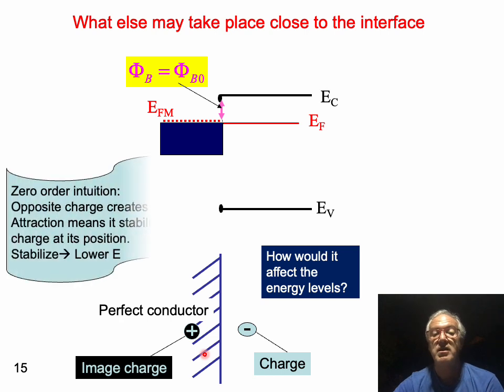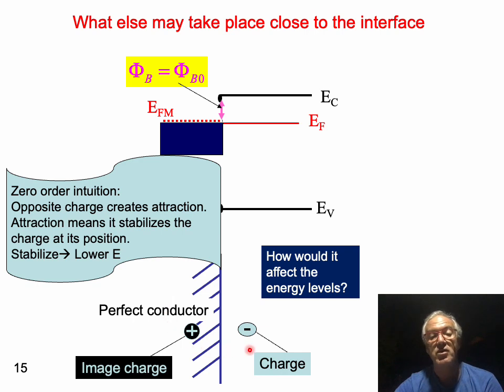And really we can use zero order intuition, and we know that when we have a pair like that, plus and minus, they would attract each other and stabilize each other. And whenever there is a stabilization, we know that stabilization implies a lowering of the energy.